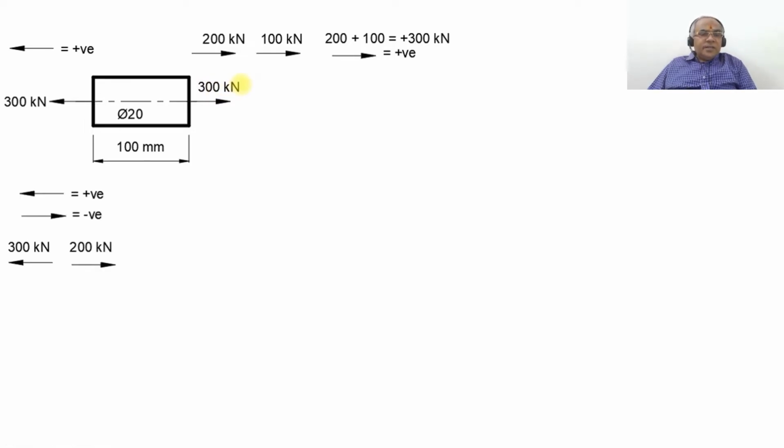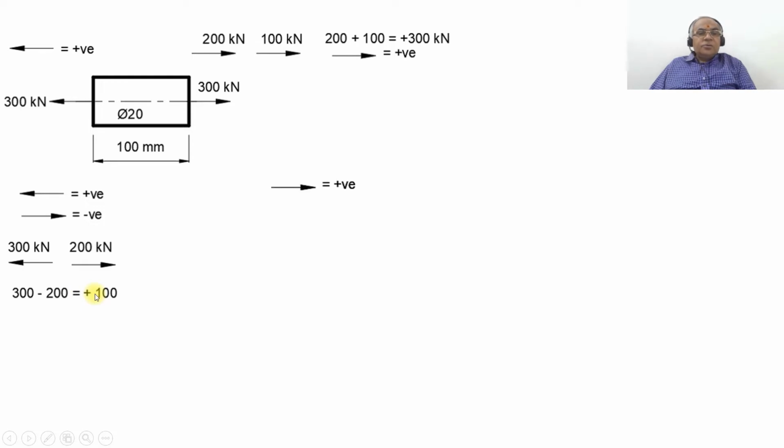Now similarly, when you are considering the second section, again you have the load acting towards the left side, which is tensile, which is positive. On the left hand side, if it is acting towards the right side, then it becomes a compressive force, which will be negative. What are the different loads in the second section? 300 towards the left side and 200 towards the right side. So 300 towards the left side is positive, and minus 200 towards the right side, so it will be plus 100.